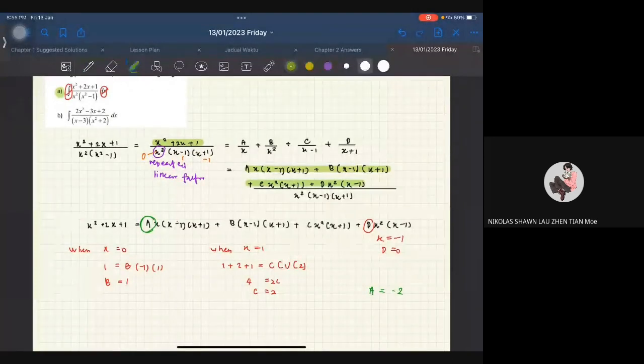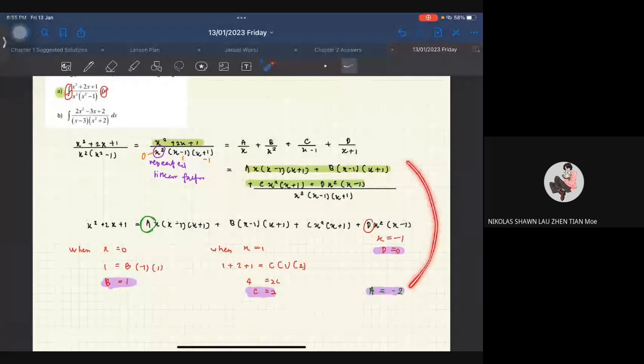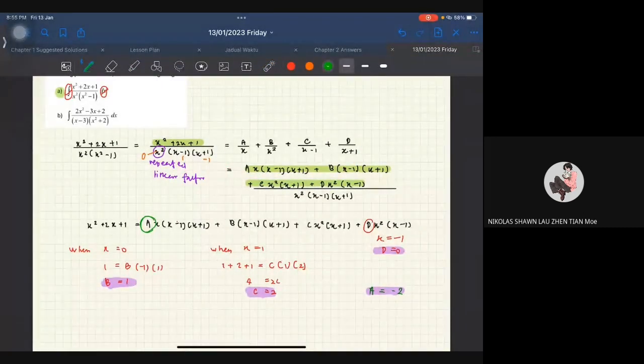Okay, so I highlight all the values we have. D equals 0, A equals negative 2, C equals 2, B equals 1. Okay, so we are going to substitute all these values back into this one. Put them back in. The purple colour earlier, put it back into this one.